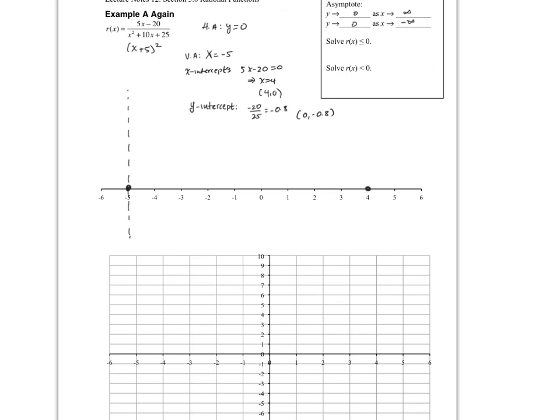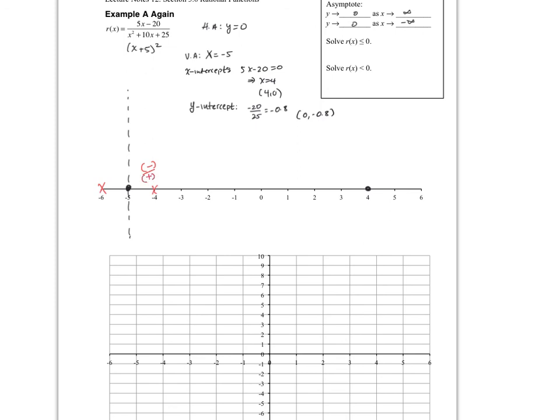So let's check a value here and a value here. If we plug in -4 on the top, well, clearly that will be negative. And notice that the bottom is always positive, because even if this was negative, you square, it becomes positive.